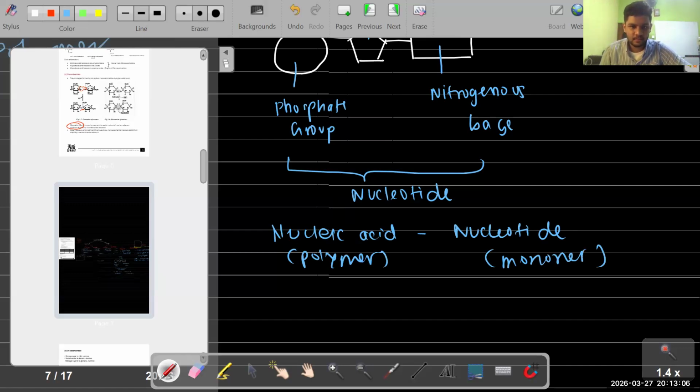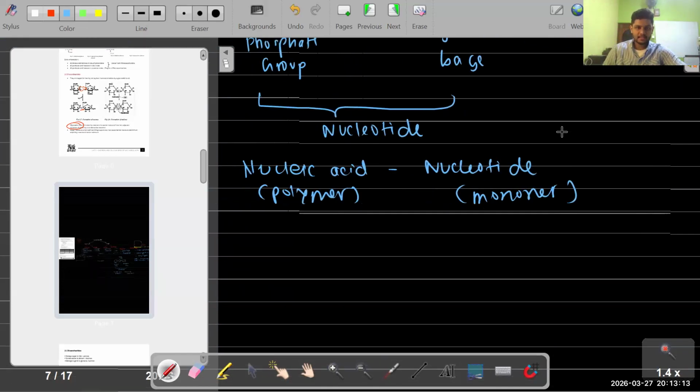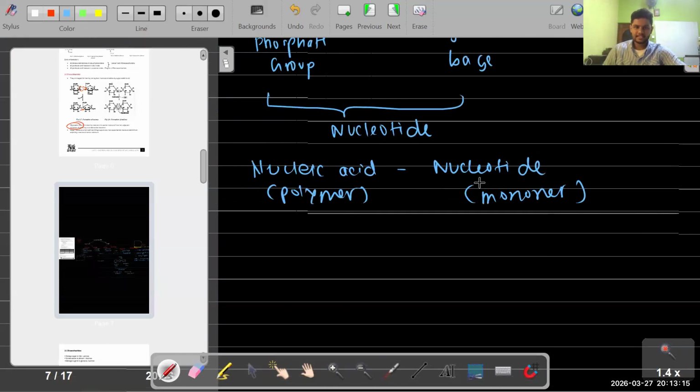This DNA, RNA are made up of monomers called nucleotides. They differ, I'll explain now. We'll be going deeper in the nucleic acid part. Right now, for the time being, I have to explain that. Is that clear? Nucleic acids are polymers. Nucleotides are the monomers of those polymers. Is it clear for all?